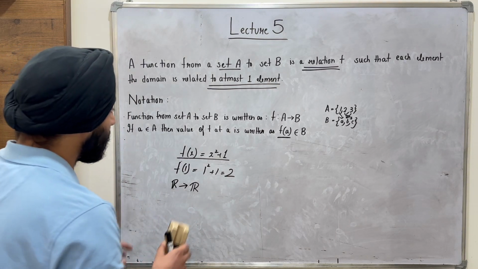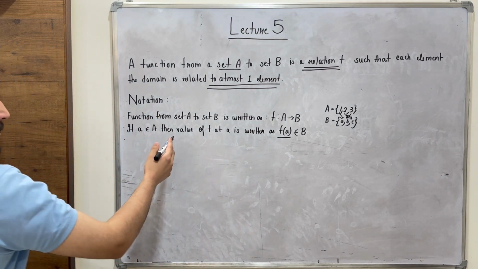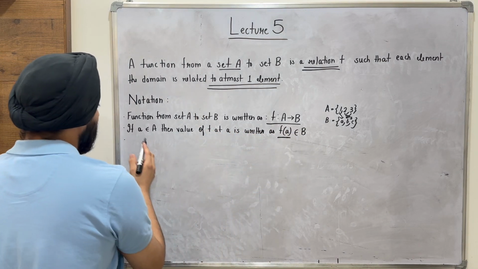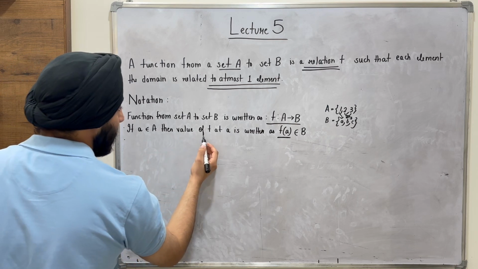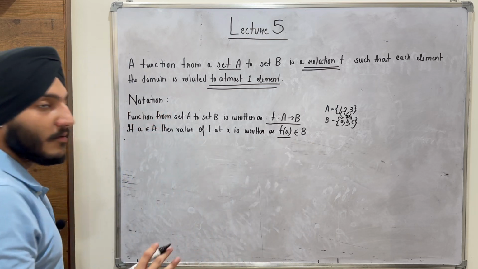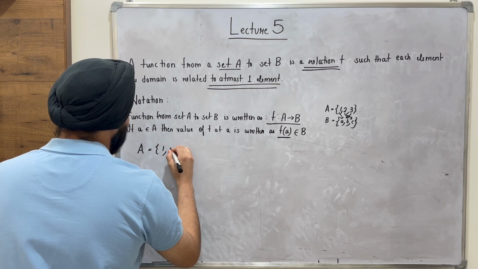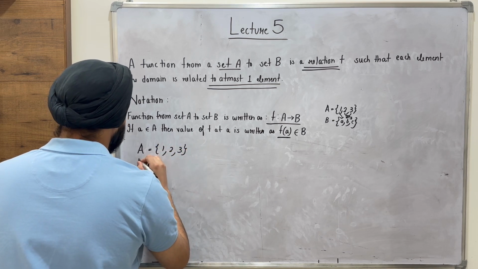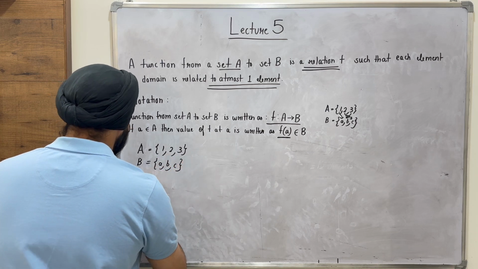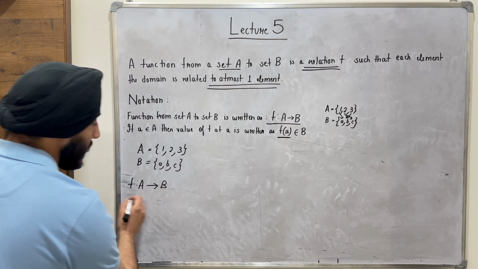Now let's try to understand the notation of functions in discrete math. A function from set A to set B is written as f: A → B. If a is an element of A, then the value of f at a is written as f(a), which is an element of B. So, if I have, let's say, A = {1, 2, 3} and B = {a, b, c}, then a function from A to B is denoted this way, right?